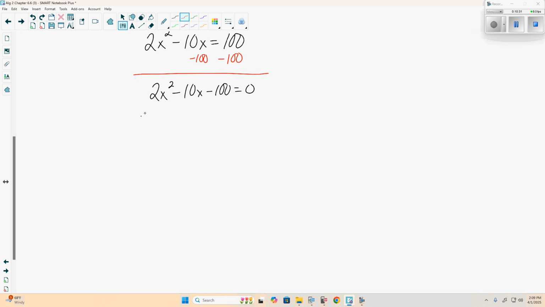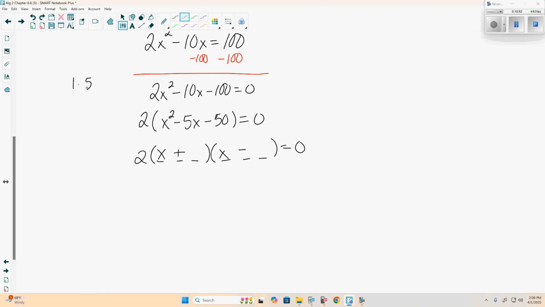Because if we factor, we'd factor out the 2. Minus 50 equals 0. Since the third term's negative, our signs would be opposite. Only factors of x squared are x and x.